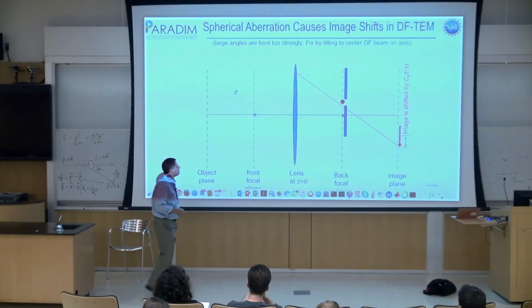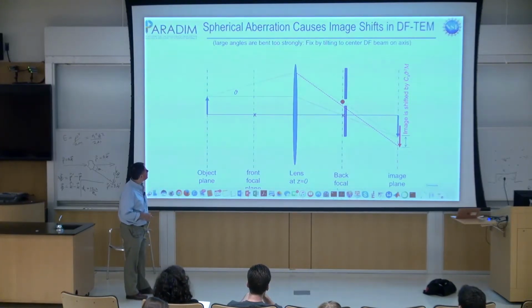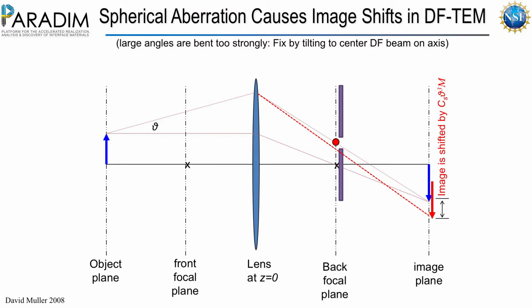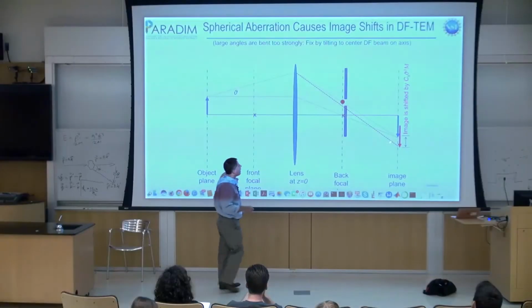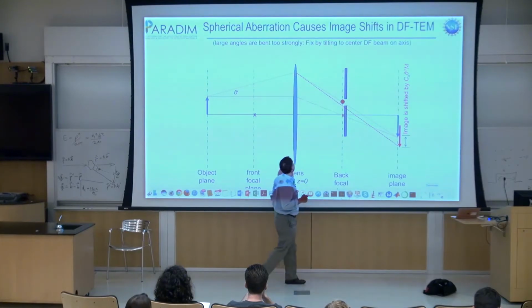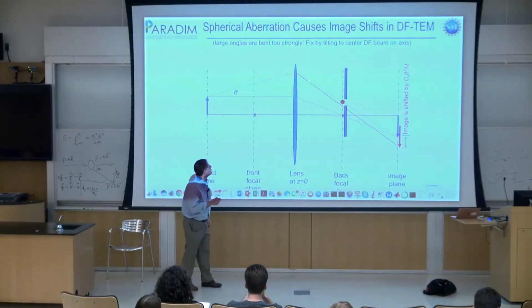So the thing to remember is that if I had an ideal lens, all the rays would come back to a focus at this point over here. But if my lens had spherical aberration, then the rays that come in at big angles off the optic axis, which is over here, are bent much too strongly. And so they don't come back to the same place.